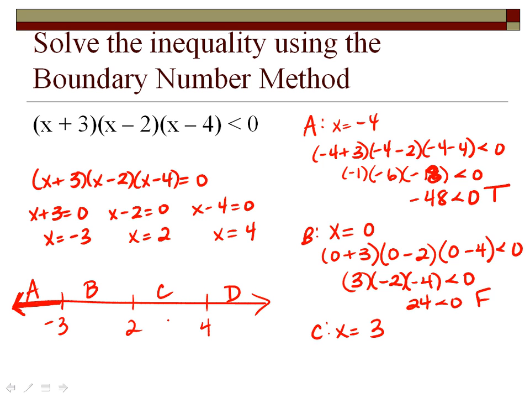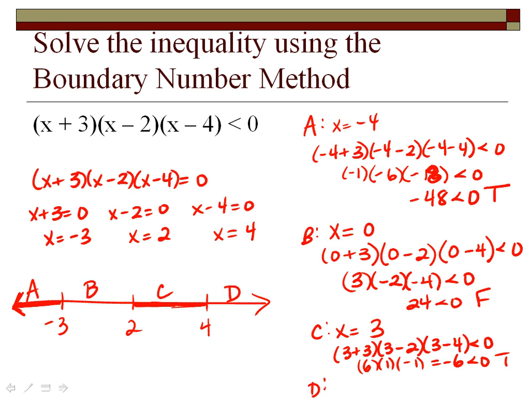If I plug in 3, I'm saying is 3 plus 3 times 3 minus 2 times 3 minus 4 less than 0. Well, this is 6 times 1 times negative 1, which is negative 6, which is less than 0, so that is true. So regions A and C contain solutions thus far.